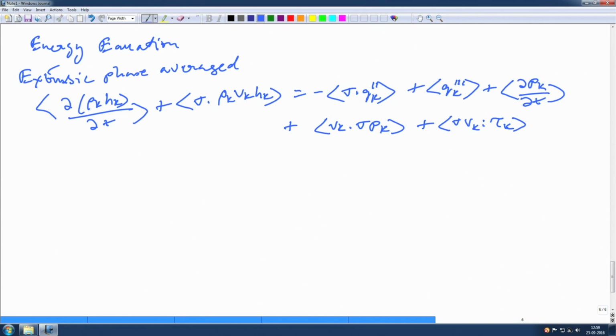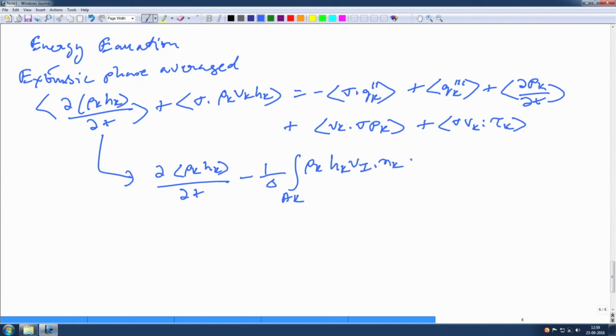Now, if we look at each individual term of this particular expression, once again this term will be rho k h k, dt minus, these are long expressions as I said. So, h k v I dot n k d a k, that is the first one. Similarly, the second one you can write in a very similar fashion.